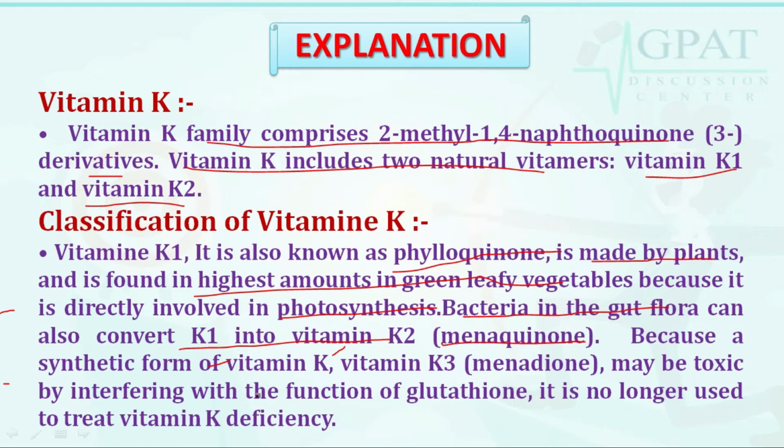A synthetic form of vitamin K, vitamin K3, that is menadione, may be toxic by interfering with the function of glutathione, and it is no longer used to treat vitamin K deficiency. So this is all about vitamin K. Students, just try to learn or memorize this classification, because sometimes a question may arise from the classification part also.